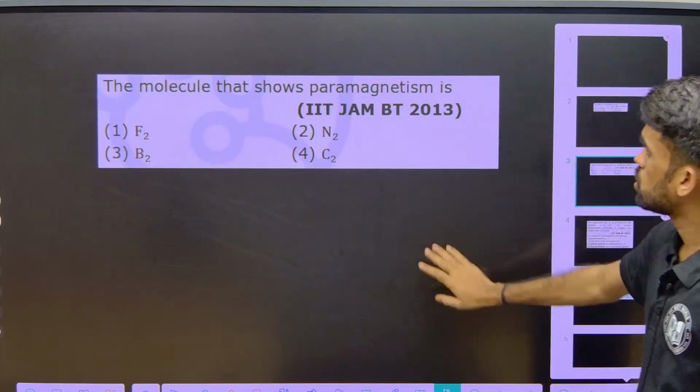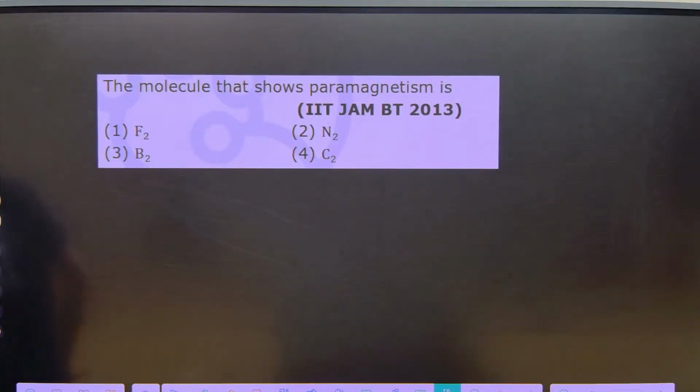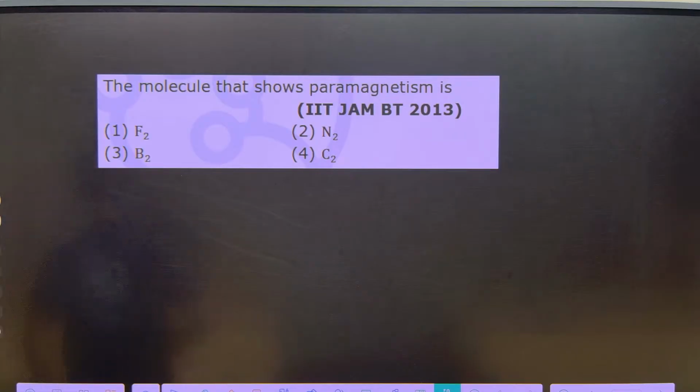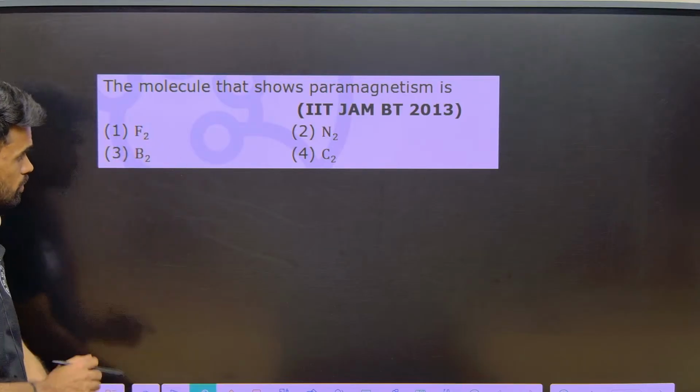The molecule that shows paramagnetism is... tell me, which one will show paramagnetism here? How can we do this?